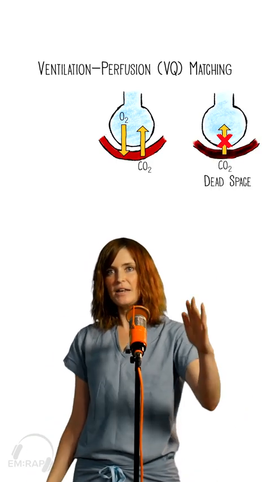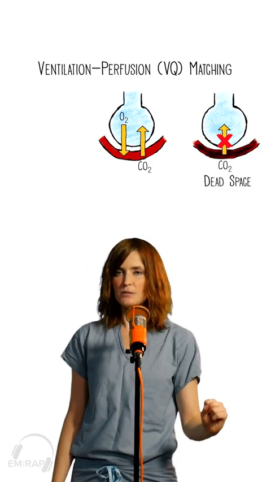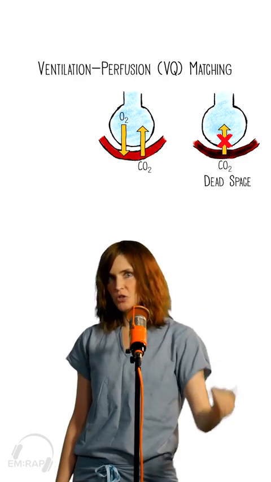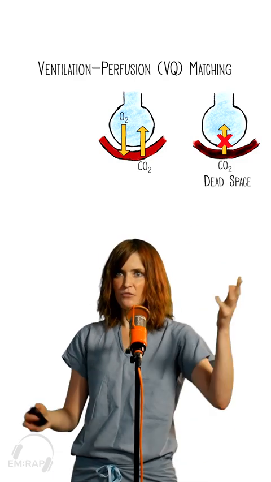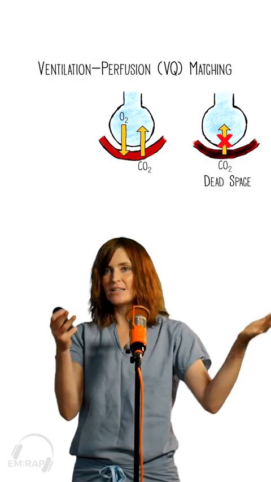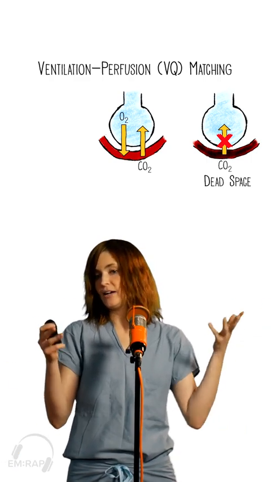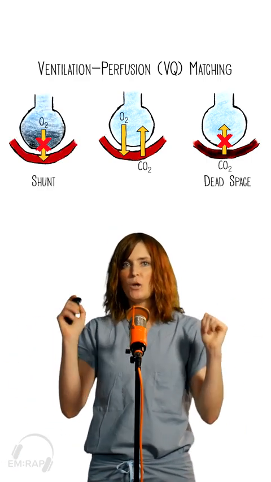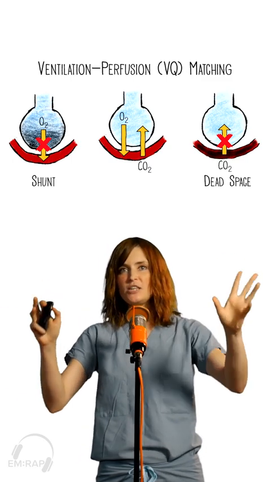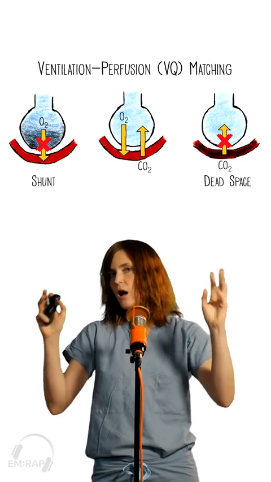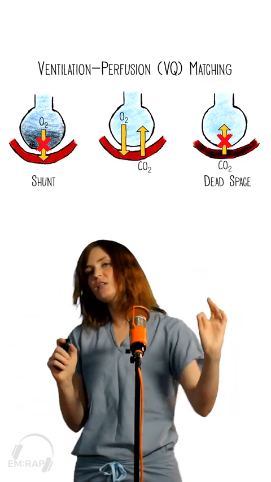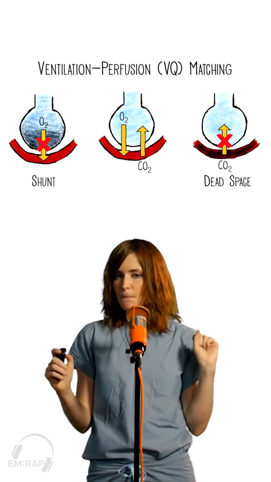That is physiologic dead space, because you can move as much air as you want in and out of that alveoli, but it doesn't matter because the blood can't get to it for actual gas exchange to occur. So we have our spectrum of VQ mismatch. Often patients will have both, especially if they have really patchy lung disease.